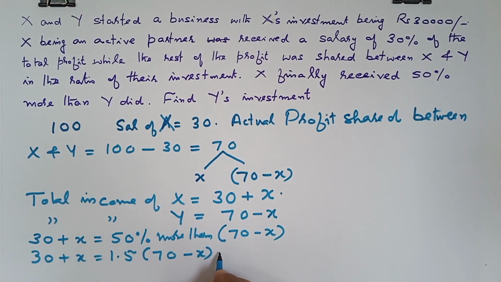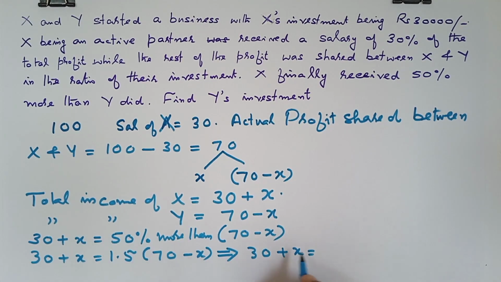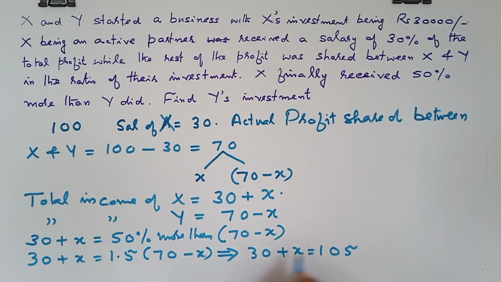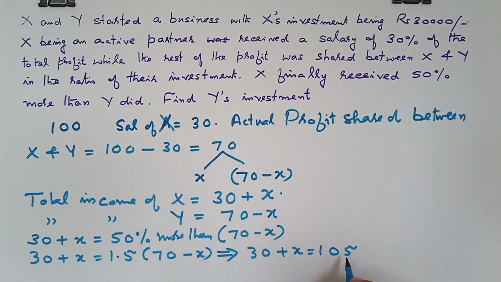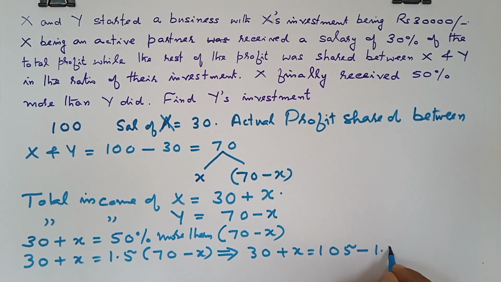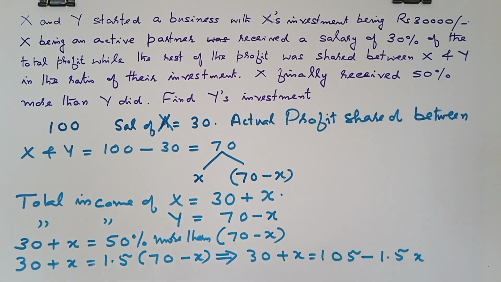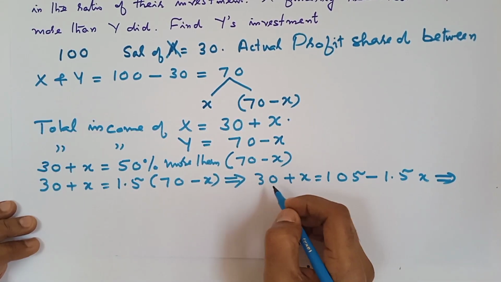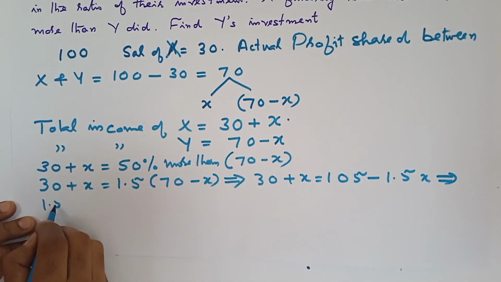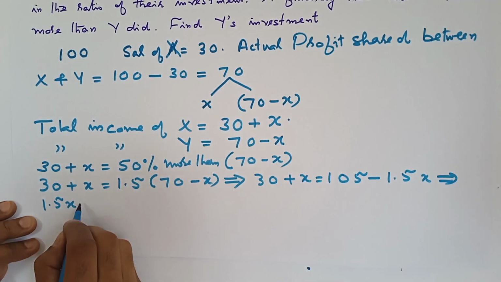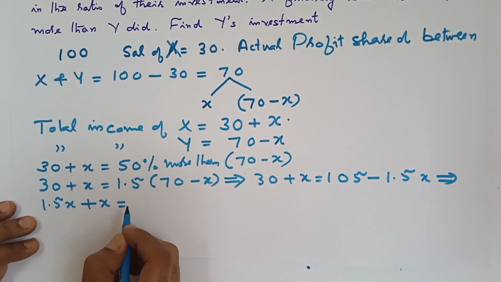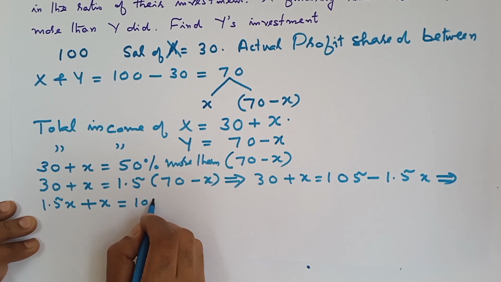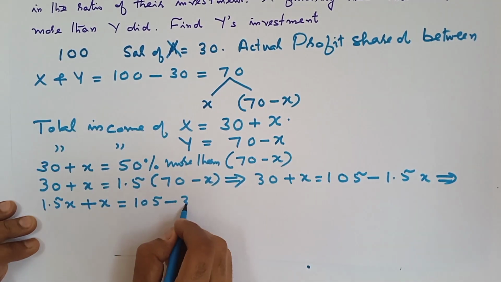Now this you can further simplify. 30 plus x, you remove the bracket, inside you will get 70 into 1.5, 105 minus 1.5x. Take 1.5x to the left side, you will have 1.5x plus, already 1x is there, then 105, take 30 to the other side.